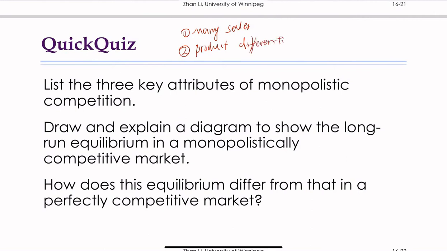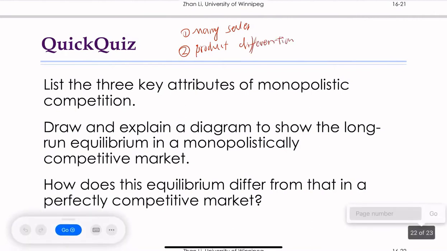Essentially this means they're selling similar products. So these sellers are not monopolists. However, there exists some kind of product differentiation between different sellers' products. So still, these sellers will have some sort of market power.